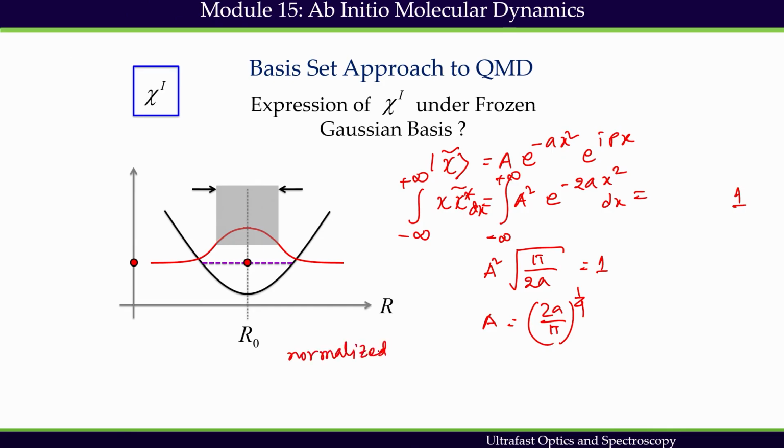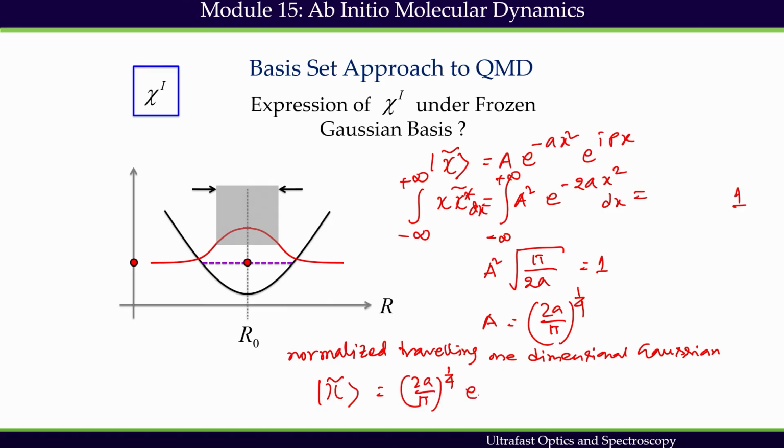normalized traveling one dimensional Gaussian, we can write like this, is nothing but 2a by pi to the power 1 by 4 e to the power minus a x square e to the power i p x.